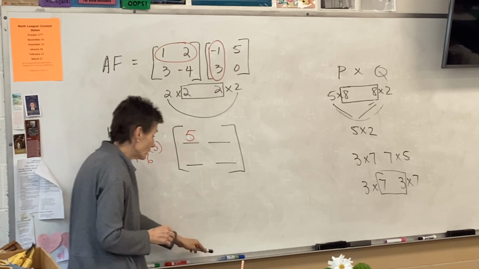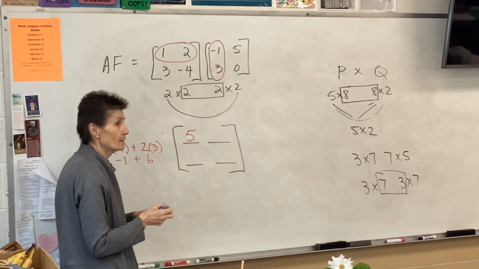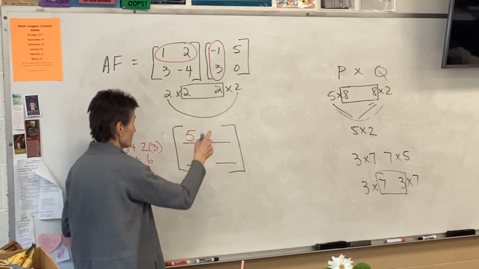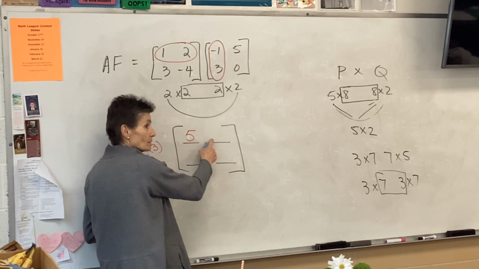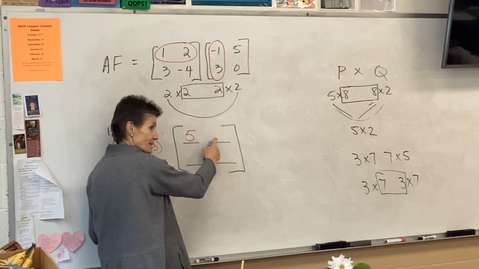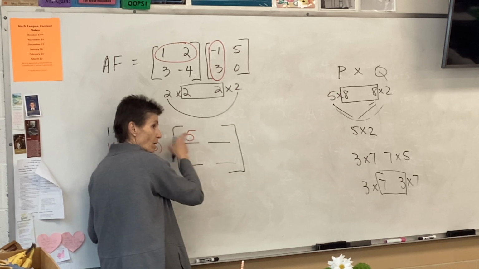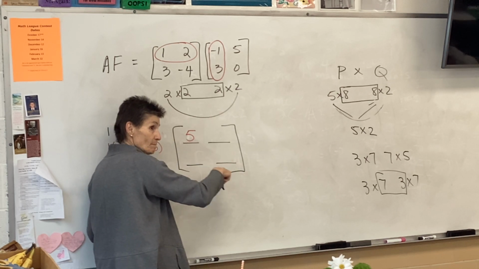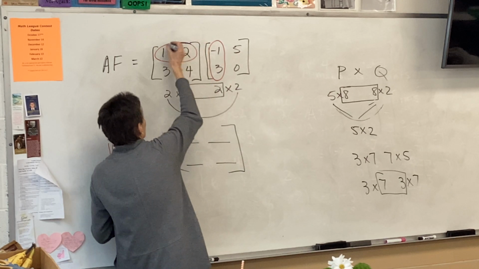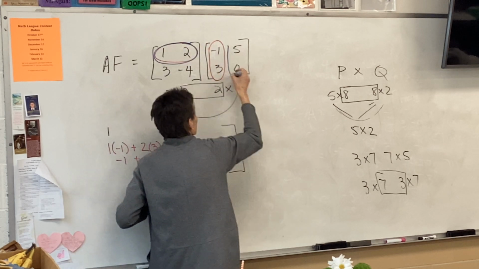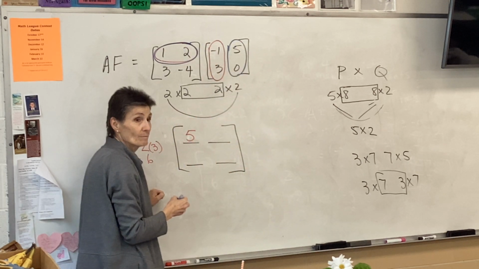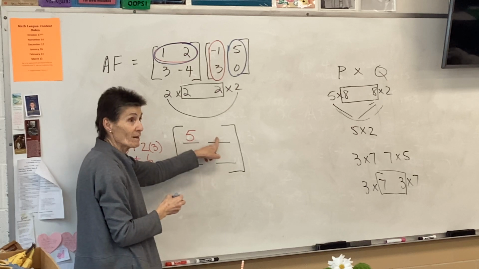Now, once you do a few of these, you'll get it. It's a little confusing in the beginning. Let's move over here. What spot is this? I want to figure out what number goes here. What spot is that? That's first row, second column. So now I'll multiply my first row times my second column, because that's what spot that is.